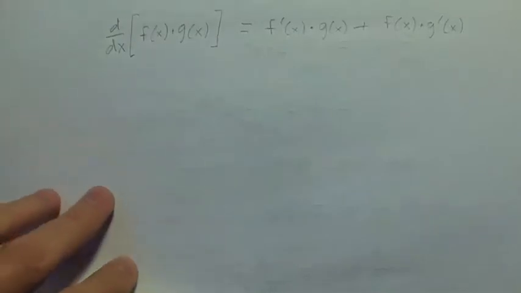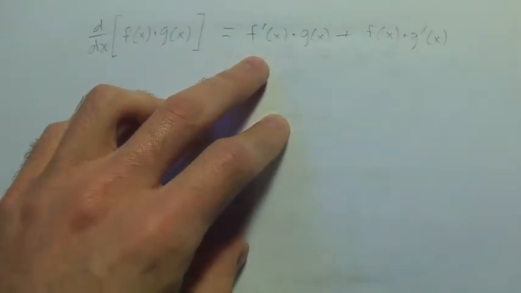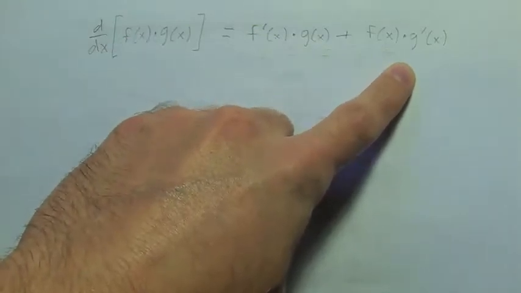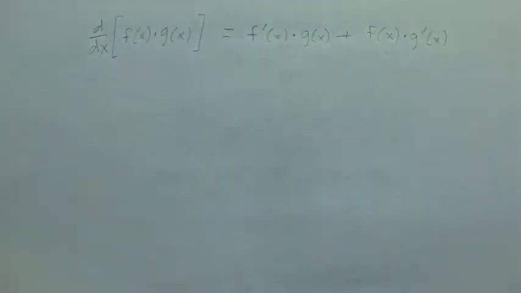Okay, so basically it's a sum, and in the first piece we take the derivative of the first function, and in the second one we take the derivative of the second function.